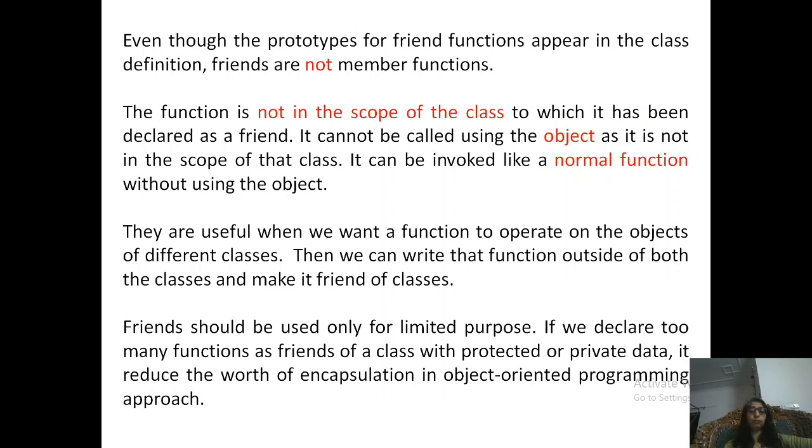They can be a friend of more than one class, and this can be used in situations where a function needs data from more than two classes. A member function can access only the data of its class, but a normal function can have access to both classes and can manipulate the data according to requirement.